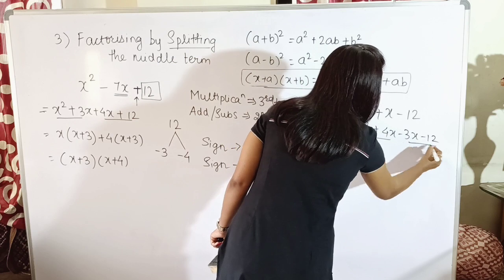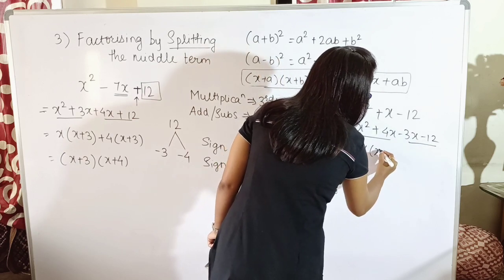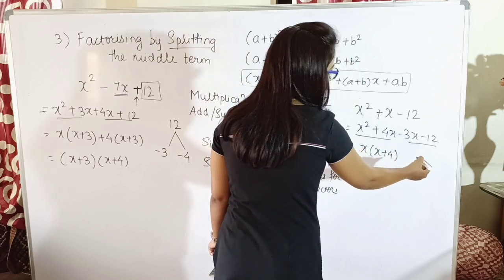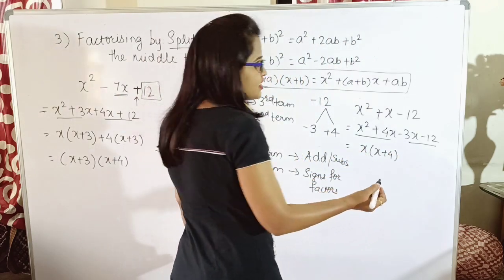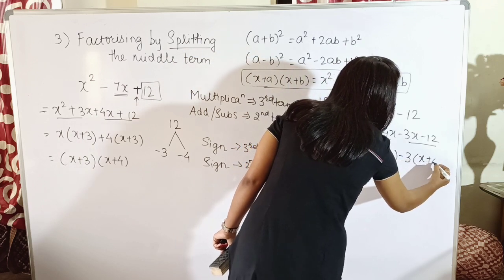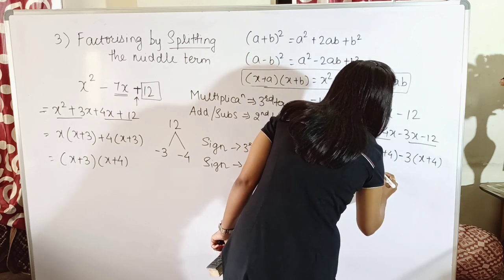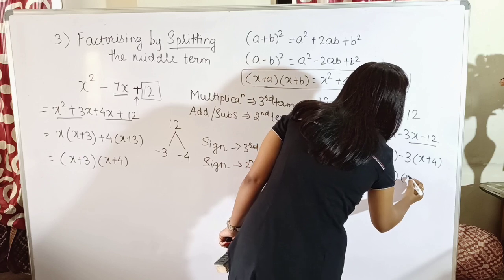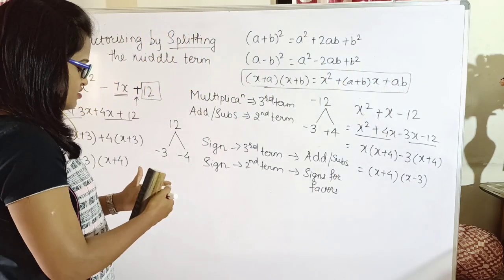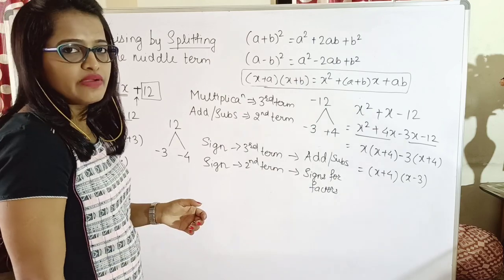Again taking common, x is common, so x plus 4. Now here I want x plus 4 in the bracket. It means I have to take the minus sign also common, along with the 3. So I get x plus 4 in one bracket and x minus 3 in another bracket. So these are the factors of x square plus x minus 12.